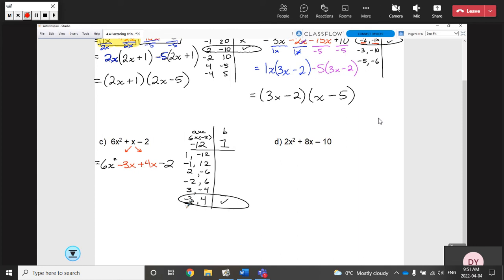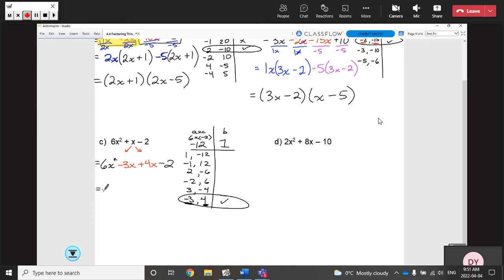This is positive 4, so we're putting in a plus 4x. In no particular order. Now, if you found it easier to put the 4 first, sure, then you can put the 4 first. But when you get really comfortable with this, you see 6 and 3, it'll be nice common factors. 4 and 2 will be nice common factors. So using that order would be better than the opposite way. Yeah?